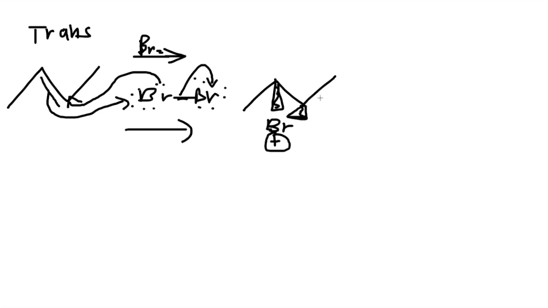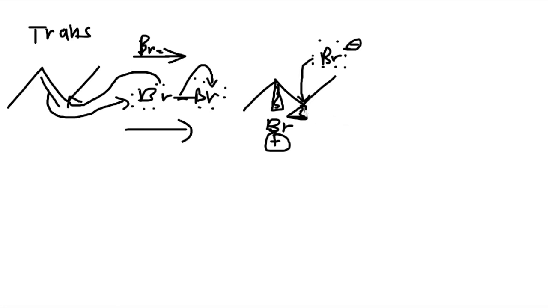We would hit the carbon from the back, on the carbon that has the most substituents. For this case, they both have the same number of substituents, so it doesn't matter which carbon we attack. Just pick one from the backside.